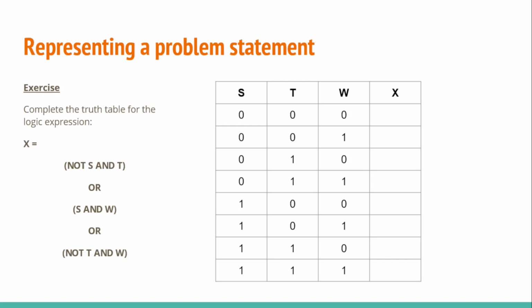So you have this logic expression. Your job is to complete the truth table. Feel free to expand the table, so you introduce intermediary labels for the various component logic gates. That will help you a lot in solving this problem.